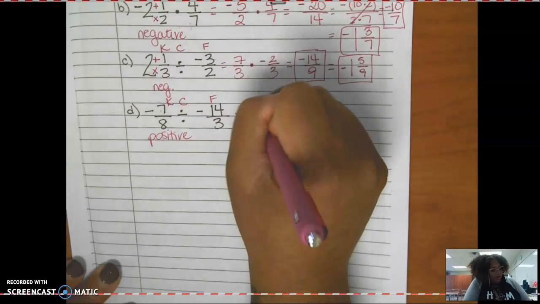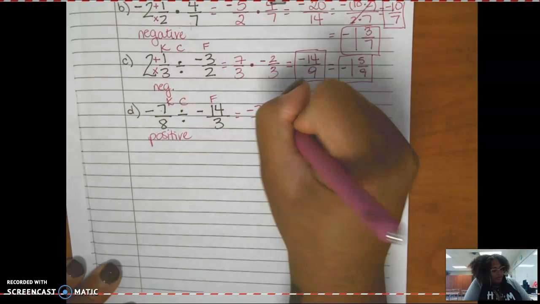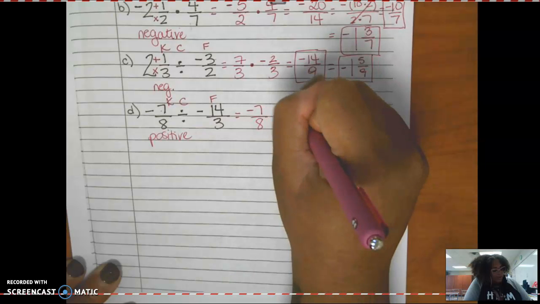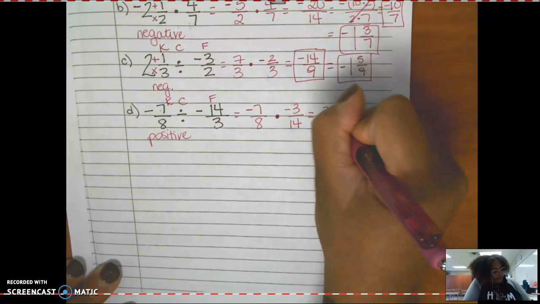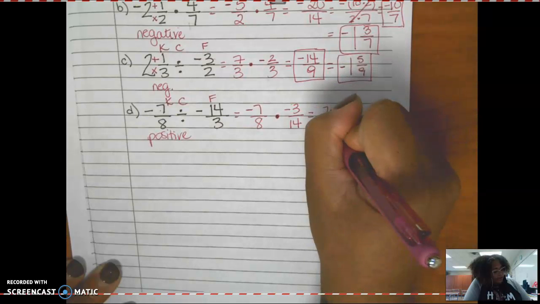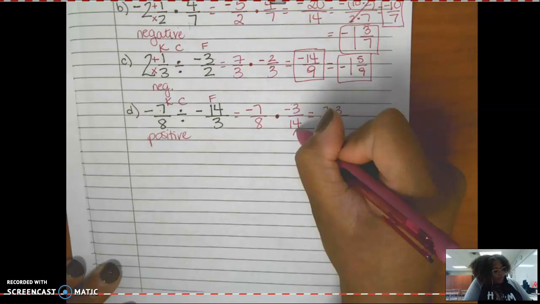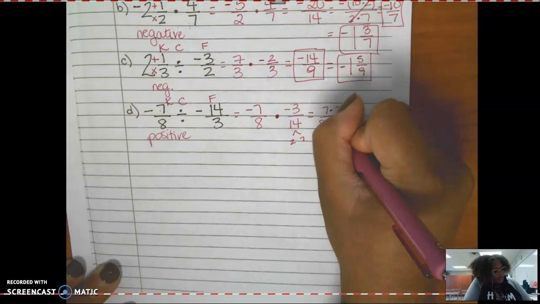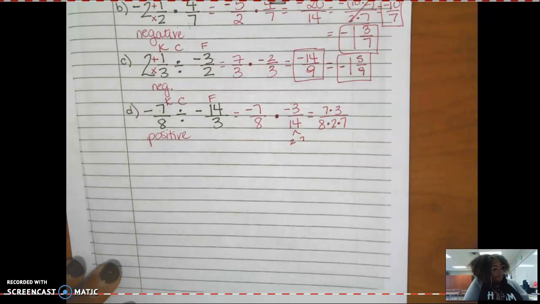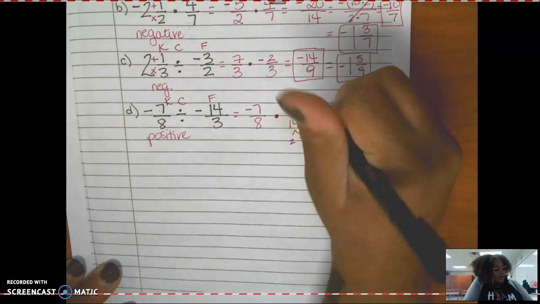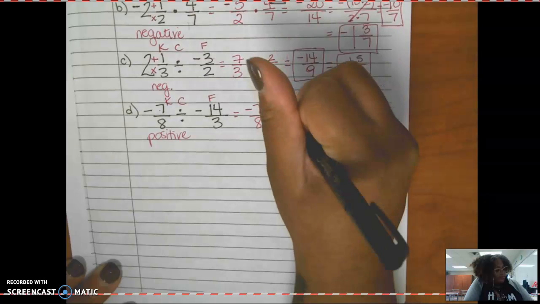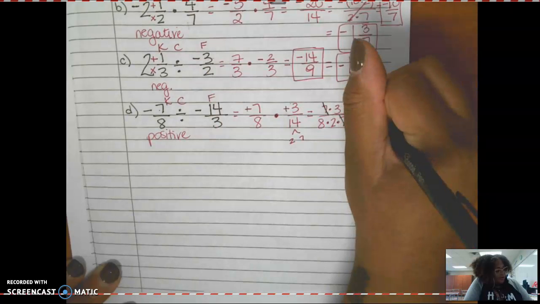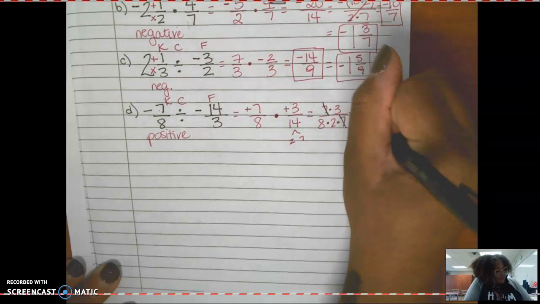Negative 7/8 times negative 3/14. 7 times 3 over 8, and then I will break 14 down into 2 times 7 so that I can simplify. Cross out your 7 on the top and on the bottom, and then I'm left with, remember this is going to be positive, 3/16.